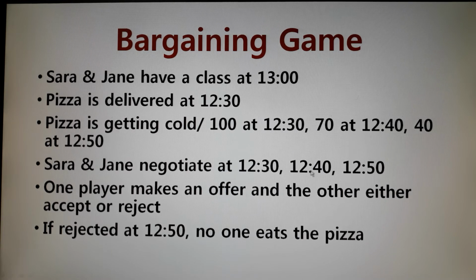But if Sarah rejects, at 12:50 this time Sarah makes a suggestion. And then Jane may accept or reject it. Okay, as I said, if rejected by Jane at 12:50, no one eats the pizza. They go to the class with a hungry stomach and the pizza goes to the wastebasket.